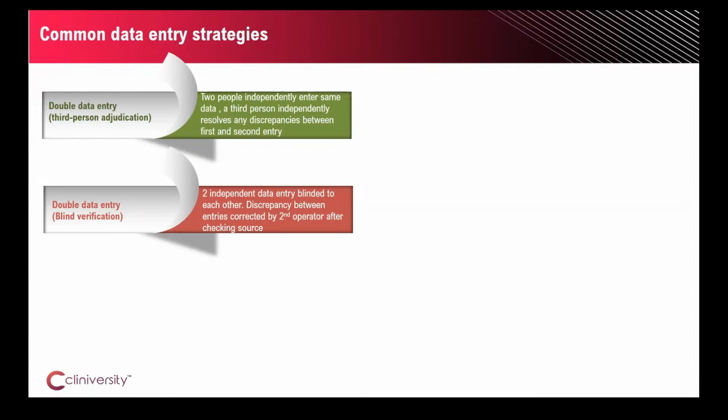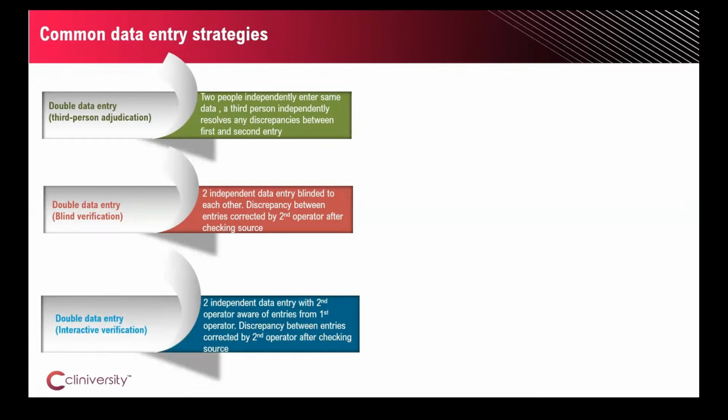After this warning, the second data entry person, who is also responsible for verification, must carefully examine the entry against the source and then determine what the appropriate entry should be before saving it. With this data entry strategy, the second person's entry value will override the first person's entry value.